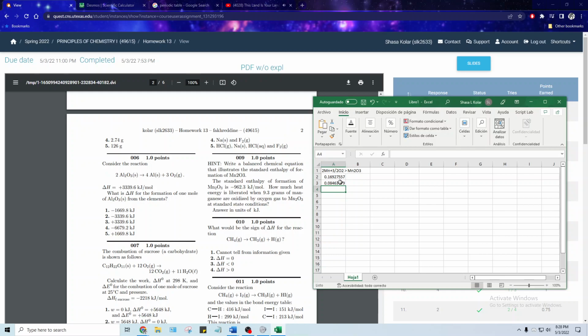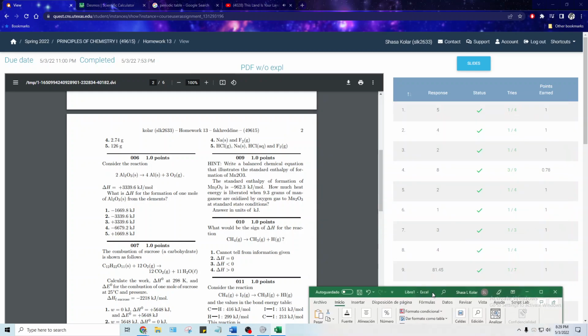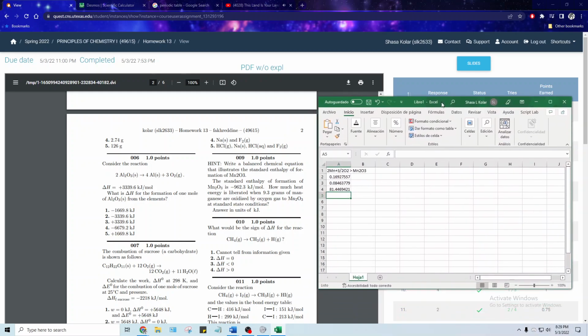So we get this many moles of Mn2O3, and per mole we get this many kilojoules. All we're going to do is multiply them together, times 962.3. So we release, it's exothermic, 81.44 or 45 kilojoules, which is the correct answer.